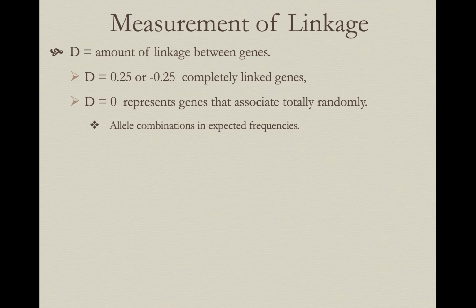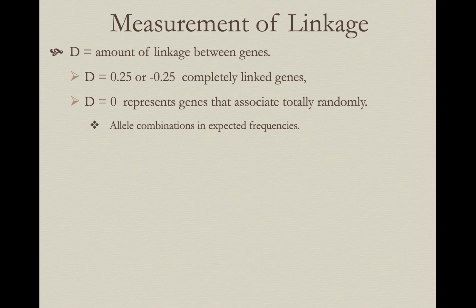These two numbers, 0.25 and negative 0.25, have to deal with whether the haplotypes are segregating maybe all of the dominant alleles and the recessive alleles, or the opposite combinations of those. So knowing exactly why this is 0.25 and negative 0.25, don't worry about that right now.